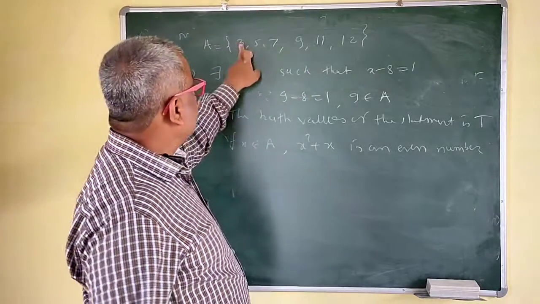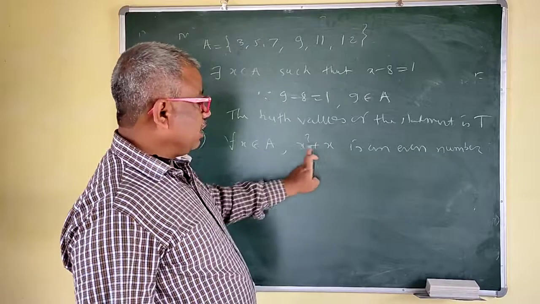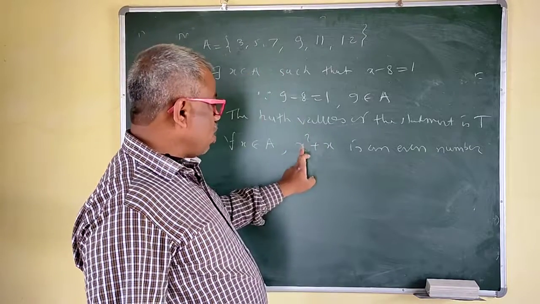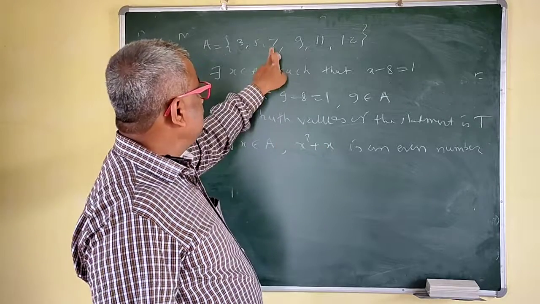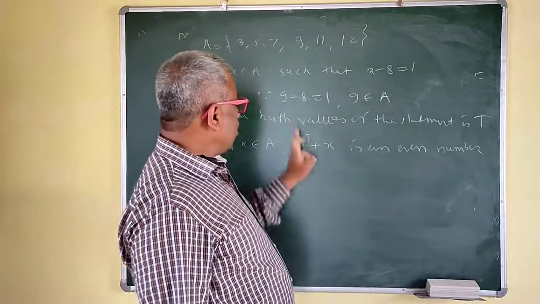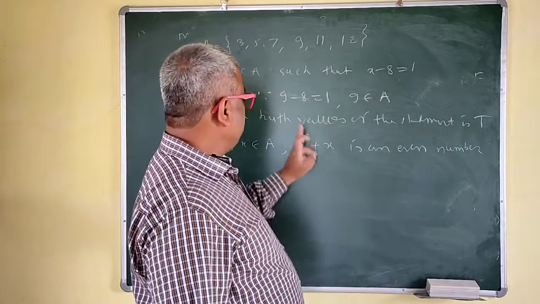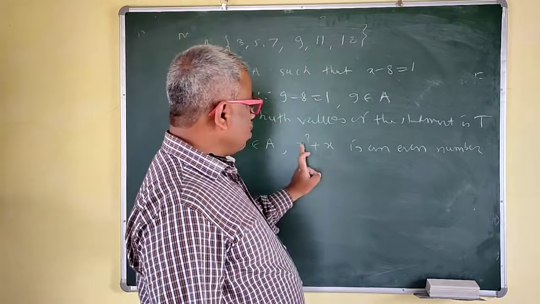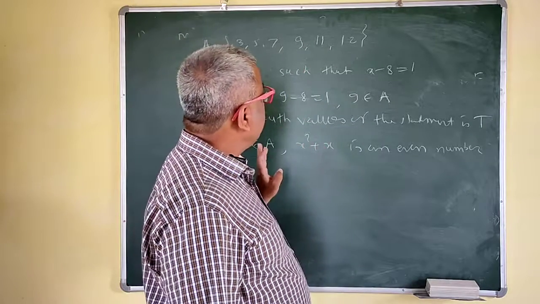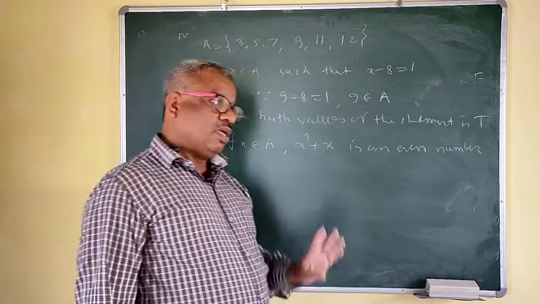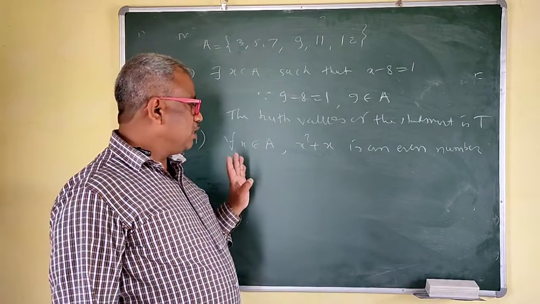So for 3, 9 plus 3 is 12, odd plus odd is even. For 5, the square of 5 is odd, sum will be even. 7, odd plus odd, even. 9, odd, so odd plus odd, again even. 11 is odd, square is odd, odd plus odd is even. 12 is even, so no problem: the square of an even number is always even and the sum of two even numbers is always even.